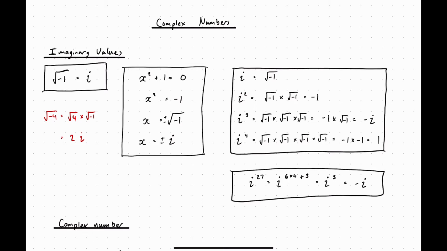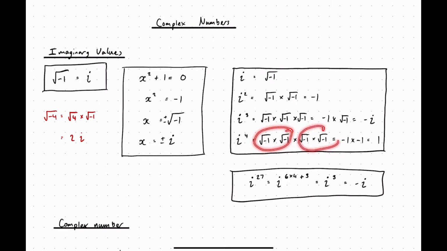And then I wrote out some statements here. If i is root -1, then i squared would be root -1 times root -1, which just gets rid of the roots to give you -1. i cubed would be root -1 times root -1 times root -1, which is -1 times root -1, and root -1 is i, so i cubed is -1 times i. i to the 4 would be root -1 times itself 4 times.